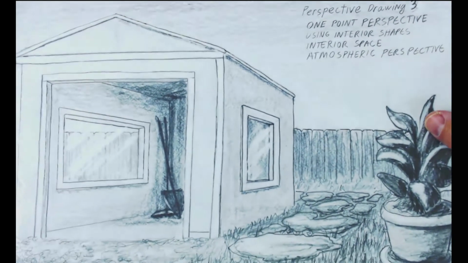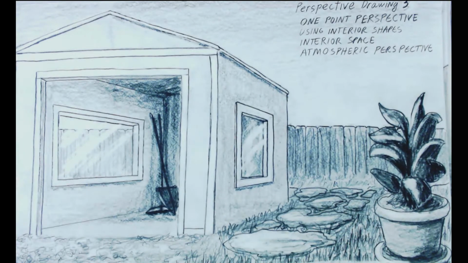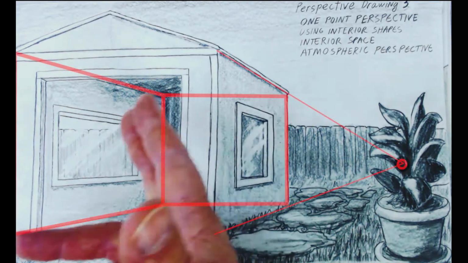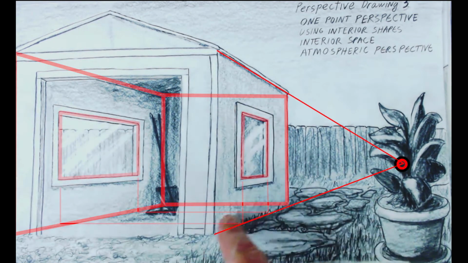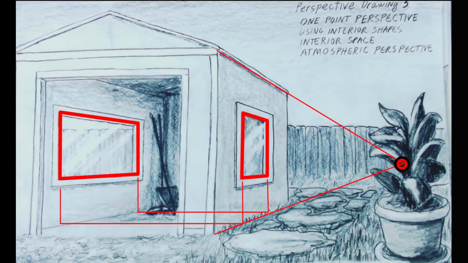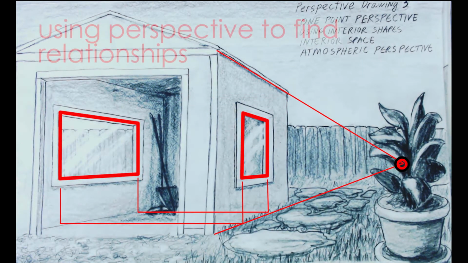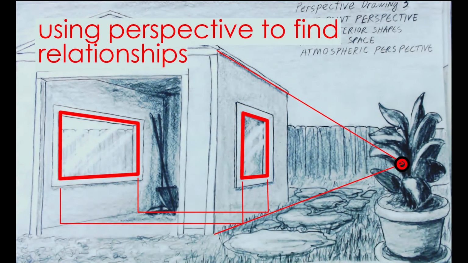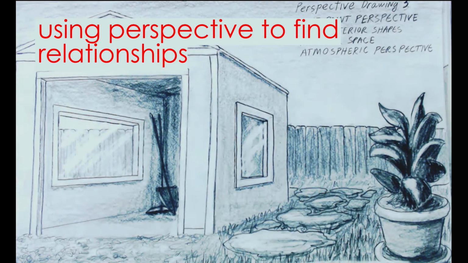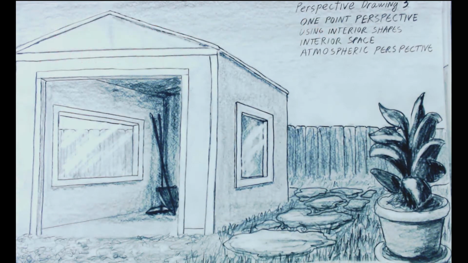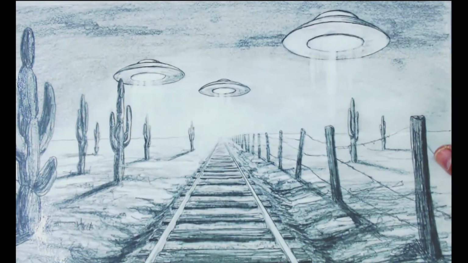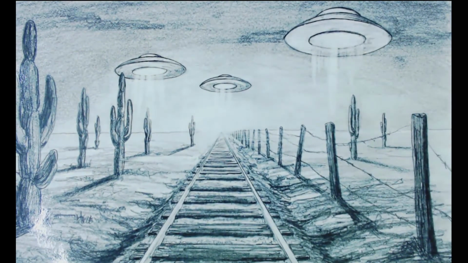In this one here, we used these things to create an inside scene, and we saw how we could bring one thing over to another, once again lining things up and finding things in space, not just making things go to a vanishing point. Here, we took that to a really advanced degree.